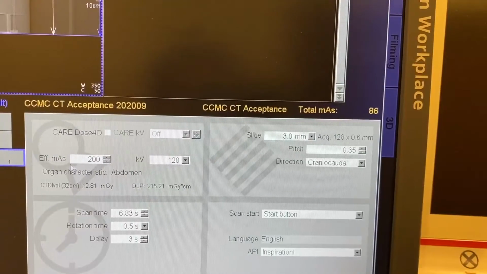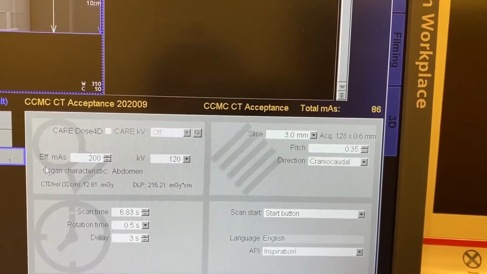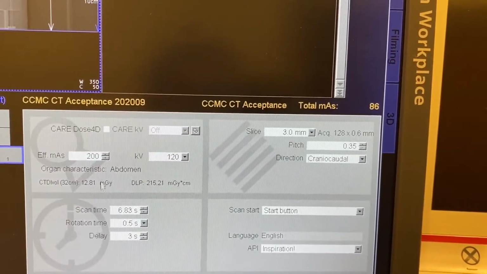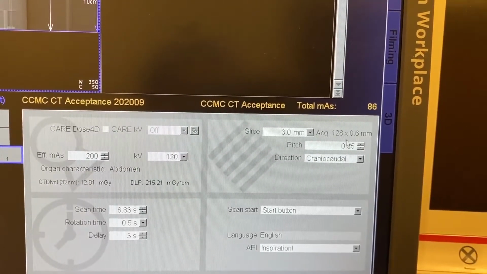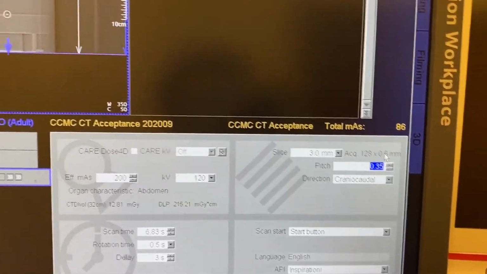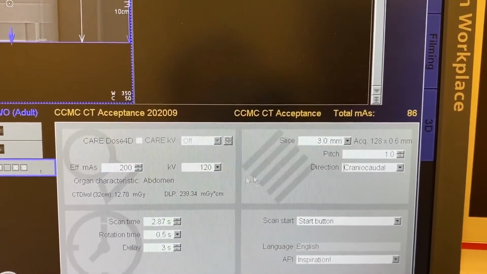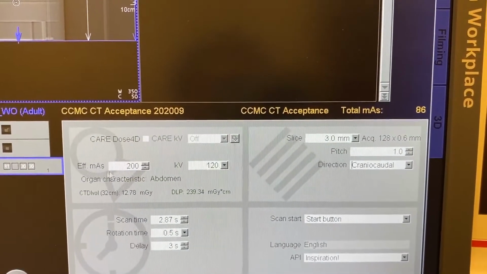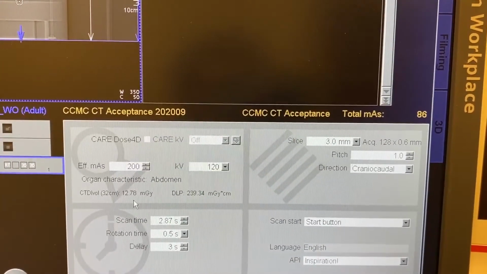Why? Because effective mAs doesn't change. If you have a mAs and then you change the pitch, then your effective mAs will change and your CTDIvol will change. But if you just change the pitch, the scanner will automatically adjust the real mAs to keep the effective mAs constant, so the output is constant.